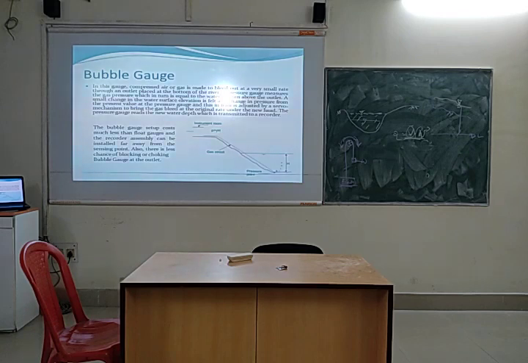The bubble gauge setup costs much less, right? There we have seen some sort of well is constructed. Obviously, the construction cost is pretty much higher. In the last case, float type of gauges, the same mechanism was there, but that is manual.